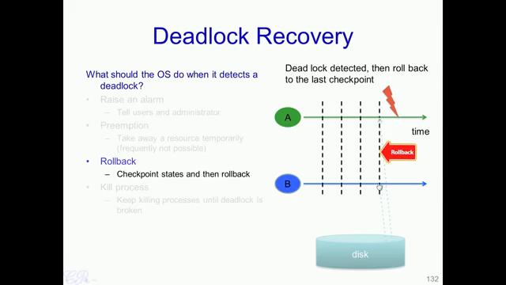Processes A and B will continue to execute from this state, and the deadlock may not occur again. Essentially, since deadlock is a probabilistic event, by modifying the ordering in which the allocations are made, we could prevent this particular deadlock.